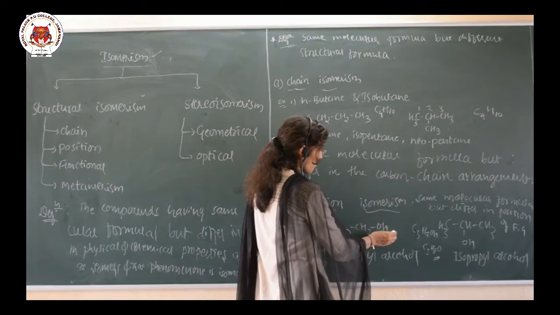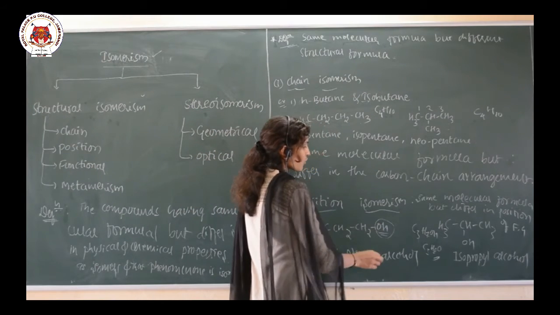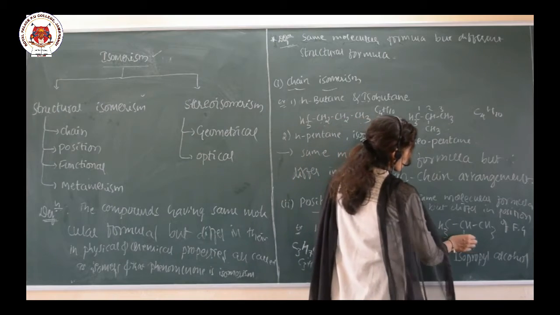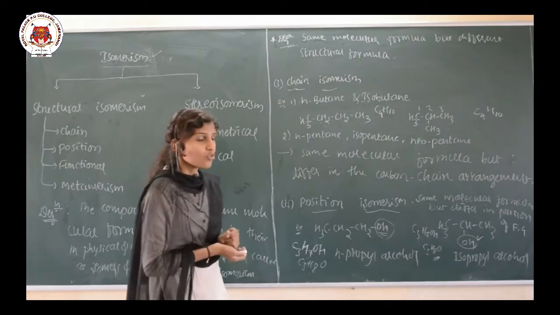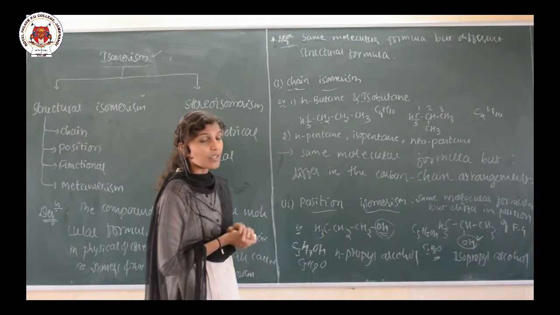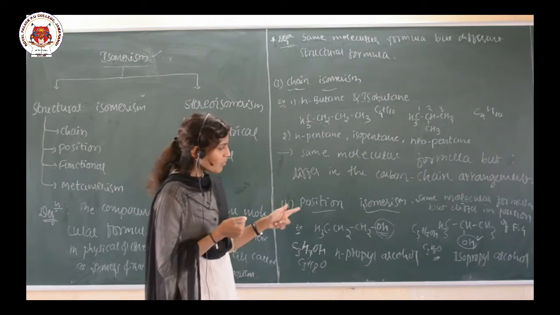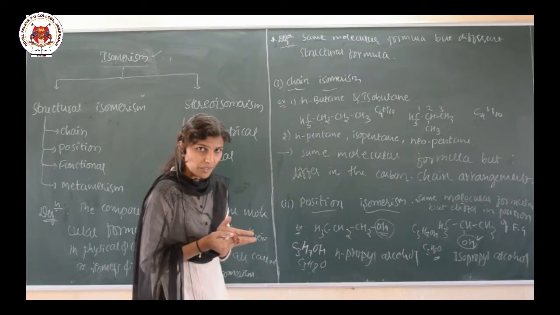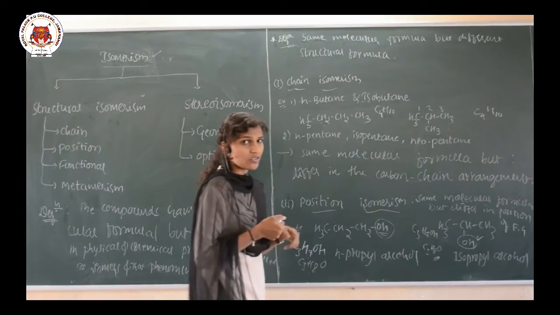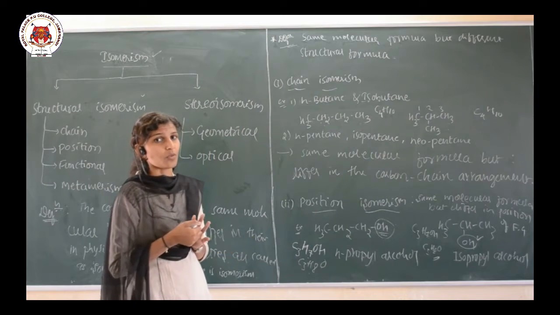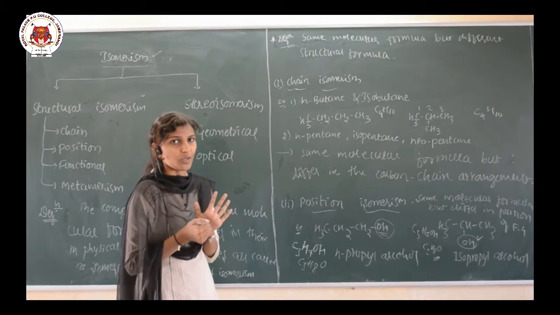OH is the functional group. Here it is attached in the terminal position, but here it is attached in a branching way to the middle carbon. So the position of the functional group is different, but the molecular formula is the same. Such isomers are said to be position isomers, and the phenomenon is said to be position isomerism.